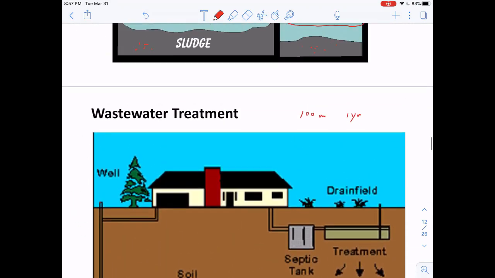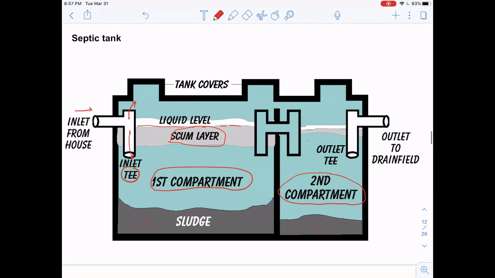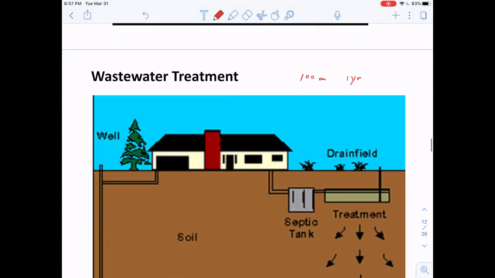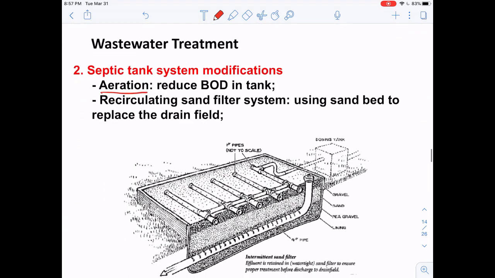If we enhance aeration, we introduce air here and generate a lot of bubbles. If we have enough oxygen, then the microorganisms in the wastewater are going to oxidize the organic components in the water, so that we can lower the BOD in the treated water, right? So we can reduce the BOD in the tank.